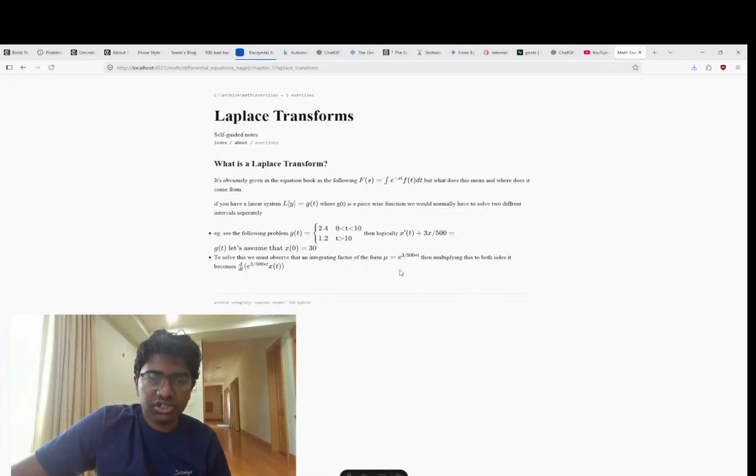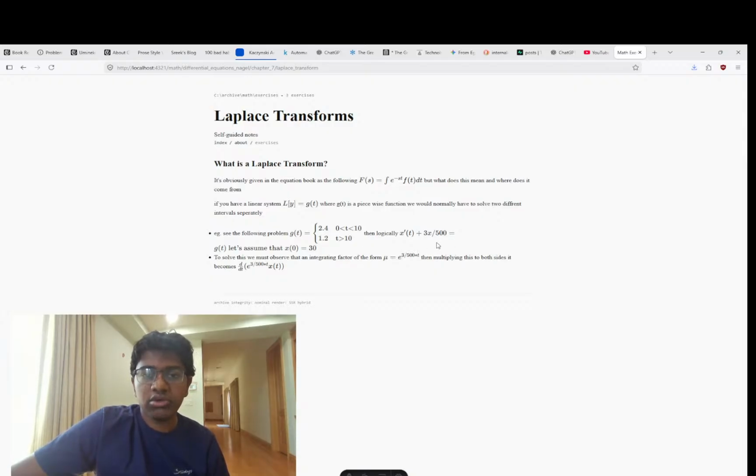If you look at this equation right here, if you do product rule, it's going to be x prime of t mu of t, and then mu prime of t times x of t. So you take this x out, and there's this 3 over 500 multiplied by e to the 3 over 500 t times 3 over 500, so that's also correct.